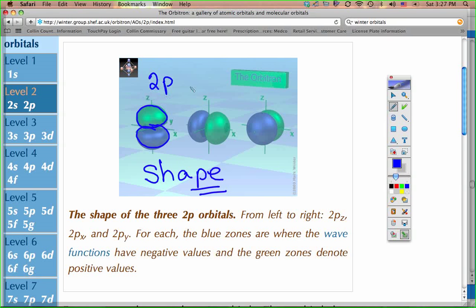And so this, since it's 2p, we would say n is equal to 2 and L is equal to 1. Now to find L, I actually write down 0, 1, 2, 3, and I'll go S, P, D, F. Otherwise I forget. I get shifted one direction or the other.